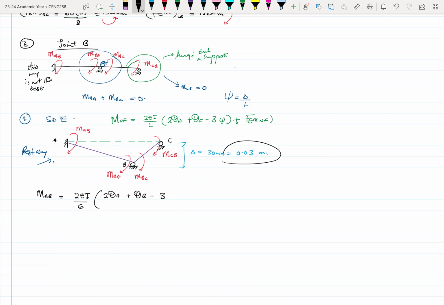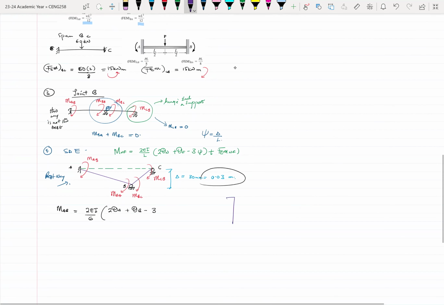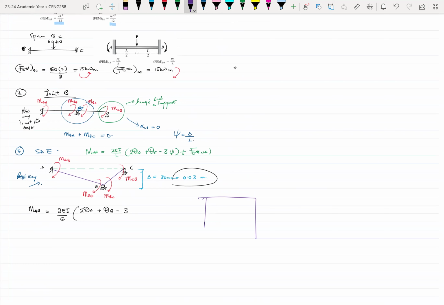Okay. And then if you look at the sign conventions, if you take a span, and then you have the situation, for example, right? So this is A and this is B. This is your delta.